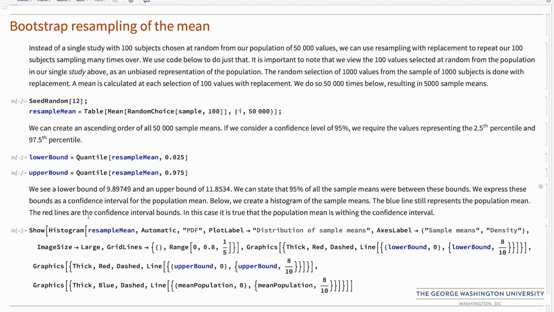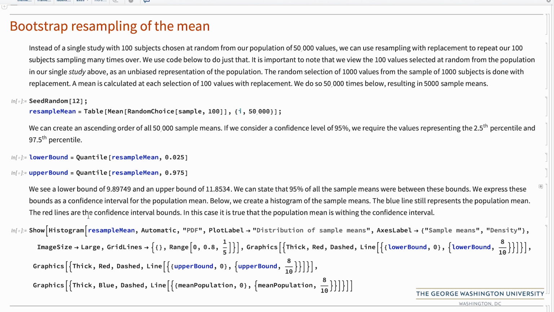So what does that mean? If I were to do this 100 times so that I can get 100 new values from this population, now I put that population in inverted commas because remember it's just a sample, but we're seeing this as a representation of the whole population. It does mean that some individuals will be chosen more than once. And we might have that some subjects are never chosen.